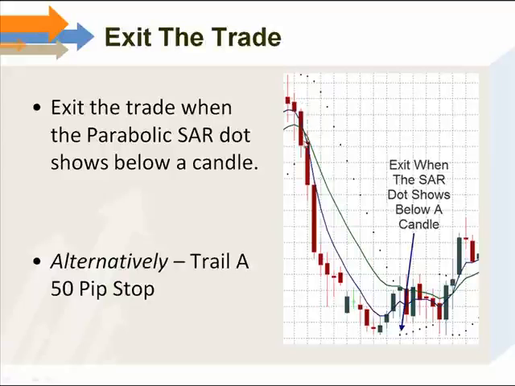So in this case, we entered the trade up here, and we stayed in the trade all the way until the parabolic SAR dot appeared below the candle on the chart. And alternatively, we could have trailed a stop at 50 pips. In this case, it probably wouldn't have made much difference for profitability, but for when you're starting out, use this exit strategy. It's the simplest. Let's take a look at this and look at some real trade examples on MetaTrader.